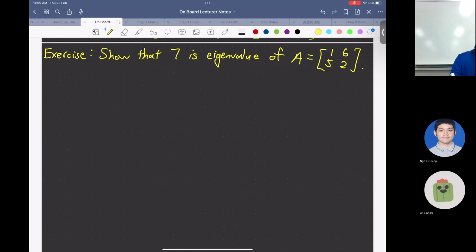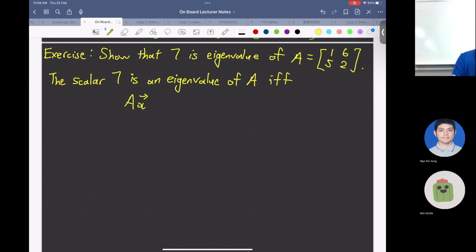So the scalar 7 is an eigenvalue of A if and only if AX equals 7x has a non-trivial solution. From what we learned just now, AX equals 7x is equivalent to what?